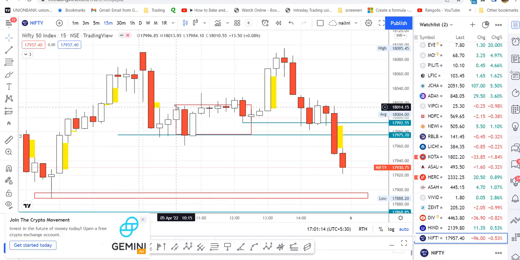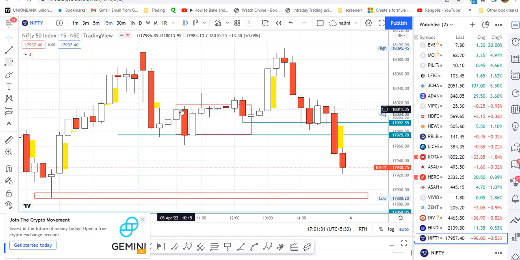This went up to this level. You can see 3 green candles for nearly 45 minutes. It made a high of 18,013.95.